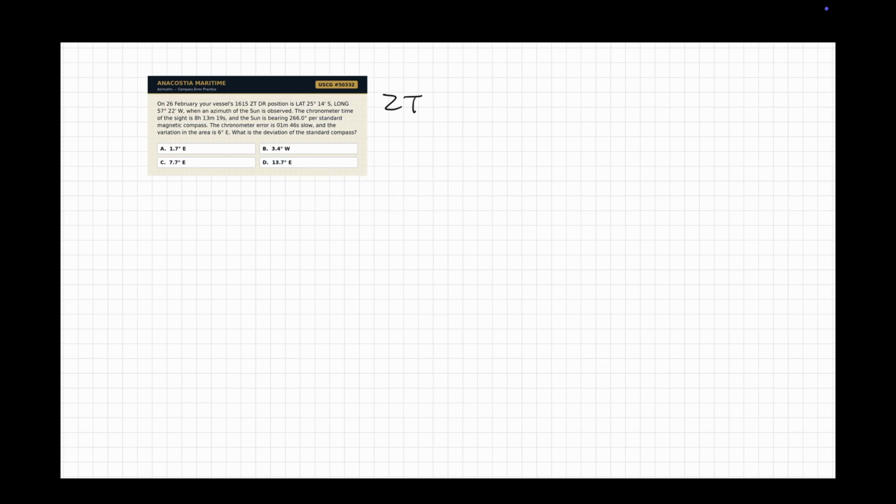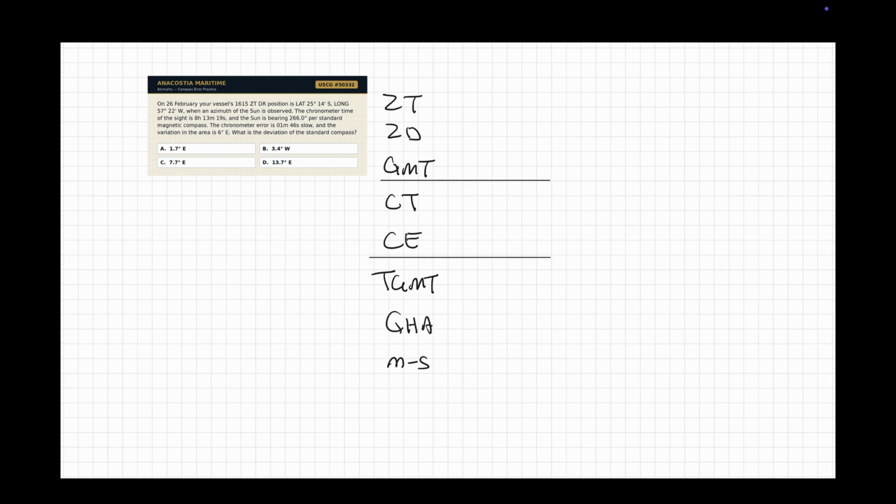ZT, ZD, GMT, CT, CE, true GMT, GHA, minutes and seconds, true GHA.